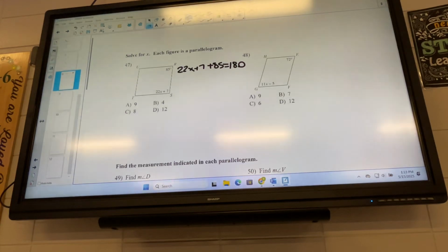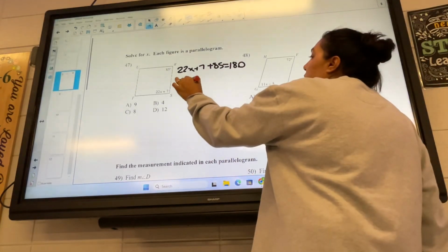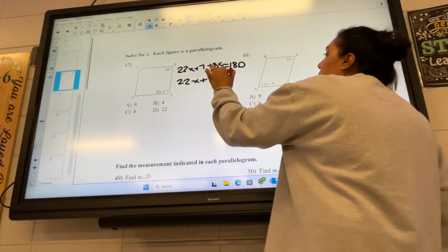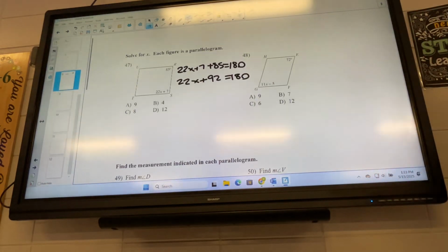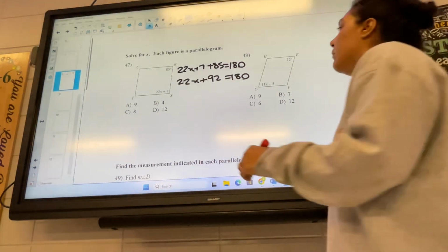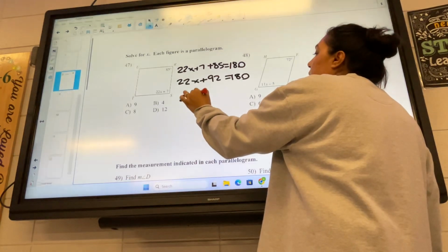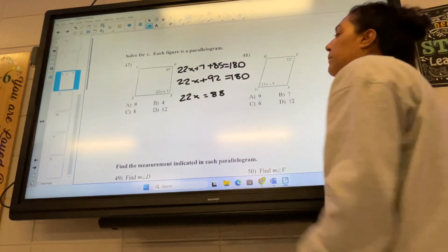The 7 and the 85, so 7 plus 85. 92. Okay, so we're going to get 22x plus 92 equals 180. Subtract 92 from both sides. So 180 minus 92. 88.